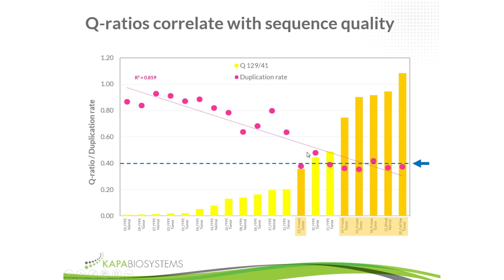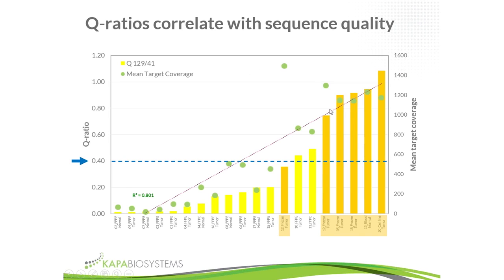So samples with a Q129-41 ratio of about 0.4 grouped together in terms of having lower duplication rates as a group and much higher target coverage.